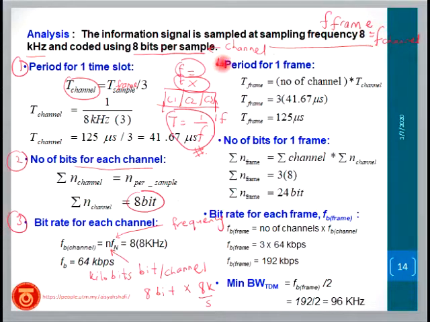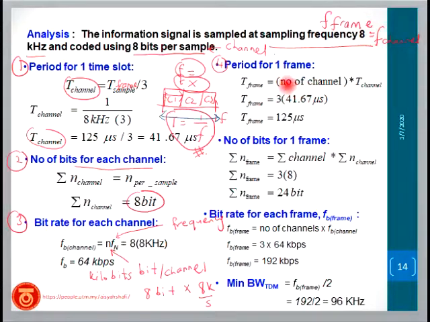The fourth parameter is the period for one frame. T channel is the period of each channel from here to here, but the period for a frame is the period from here to here, which consists of all three channels.